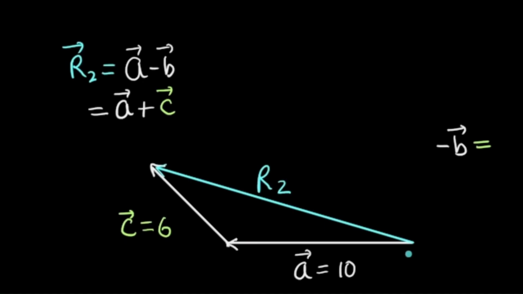Let's go ahead and talk about the angles here. If I extend this vector C, something like this, then I know that this angle over here is 45 degrees. That means this over here will be 135 degrees. Now what did we say? To determine the angle between two vectors, you have to place them tail to tail.